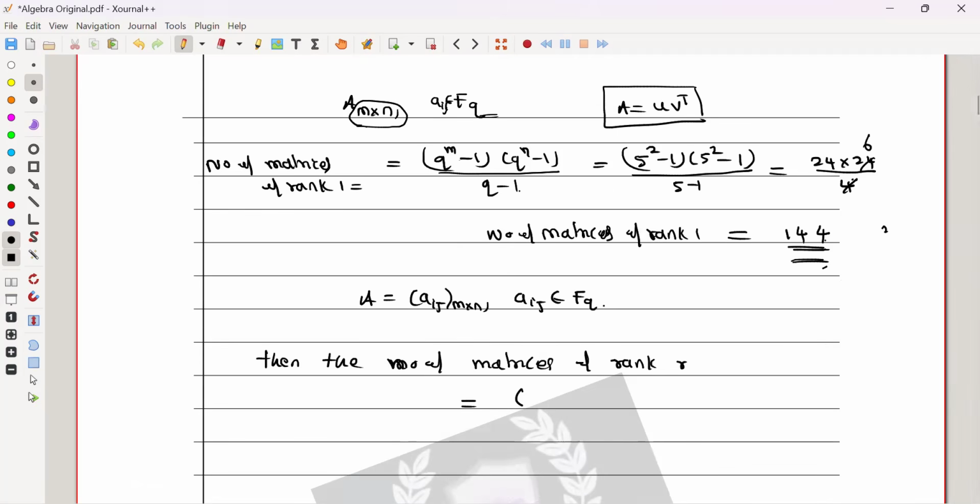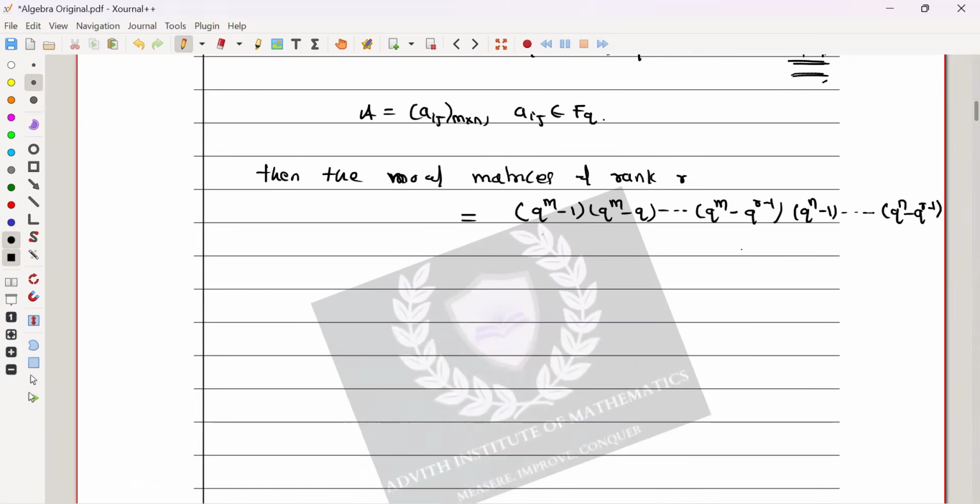So the product of (q power m minus 1), (q power m minus q), up to (q power m minus q power r minus 1), into (q power n minus 1), (q power n minus q), up to (q power n minus q power r minus 1), all divided by (q power r minus 1), (q power r minus q), up to (q power r minus q power r minus 1).